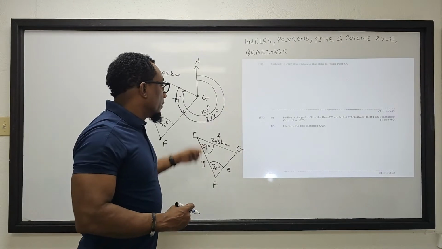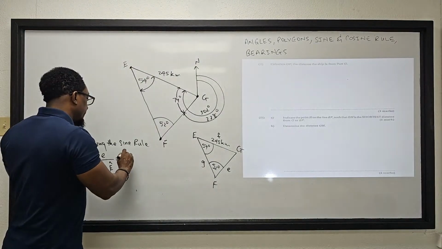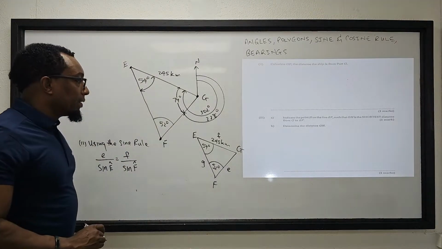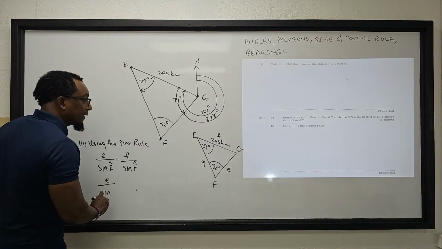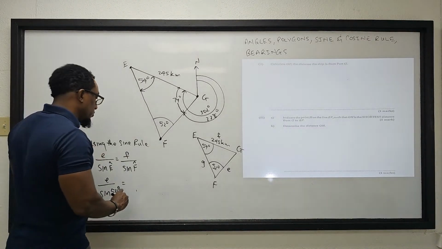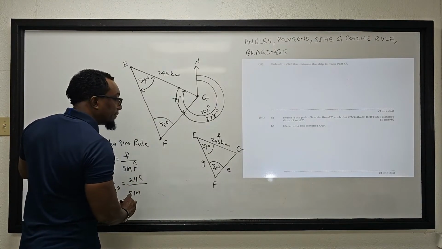So that will be small f over sine the angle at F. So small e over sine the angle at E, which is 54 degrees, is equal to small f, which is 245, over sine the angle at F, which is 52.